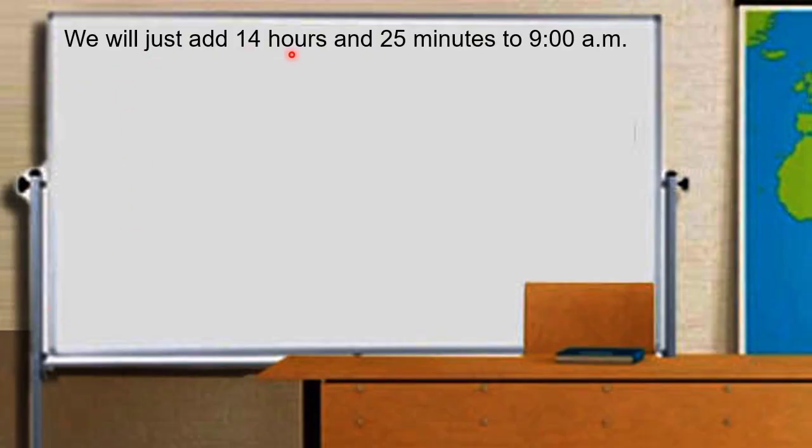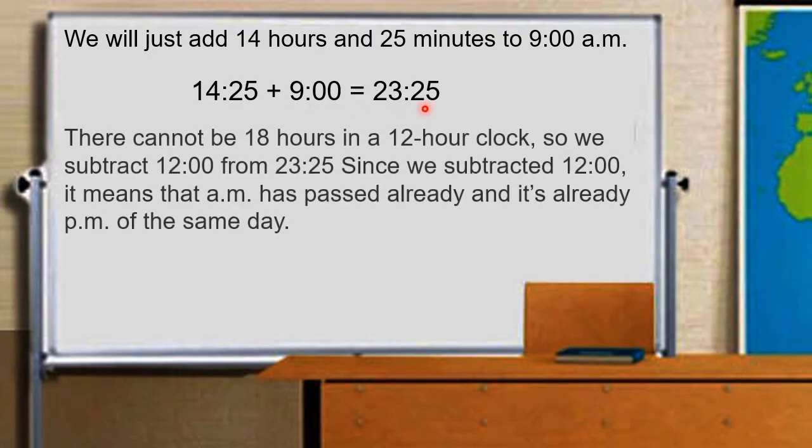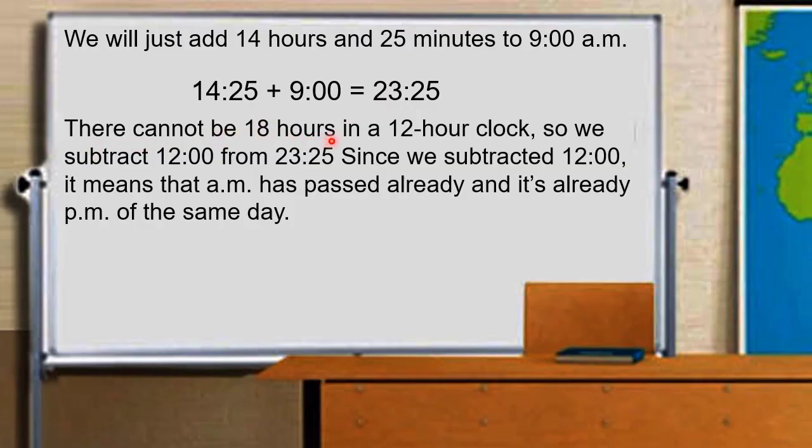Next, we will just add 14 hours and 25 minutes to 9 a.m. So, 14 hours and 25 minutes plus 9 hours is equals to 23 hours and 25 minutes. So, there cannot be 23 hours in a 12-hour clock. So, we subtract 12 hours from 23 hours and 25 minutes.